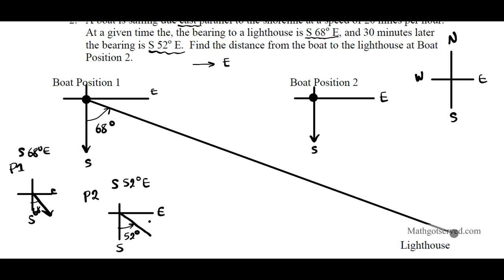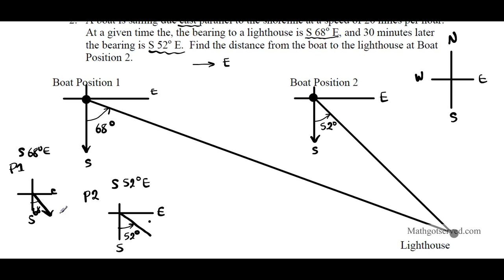So let's draw that. Let's draw the segment first and indicate the angle of rotation. So there goes the segment. We started from the south, and then we rotated 52 degrees. So this is our angle of rotation right here, 52 degrees.